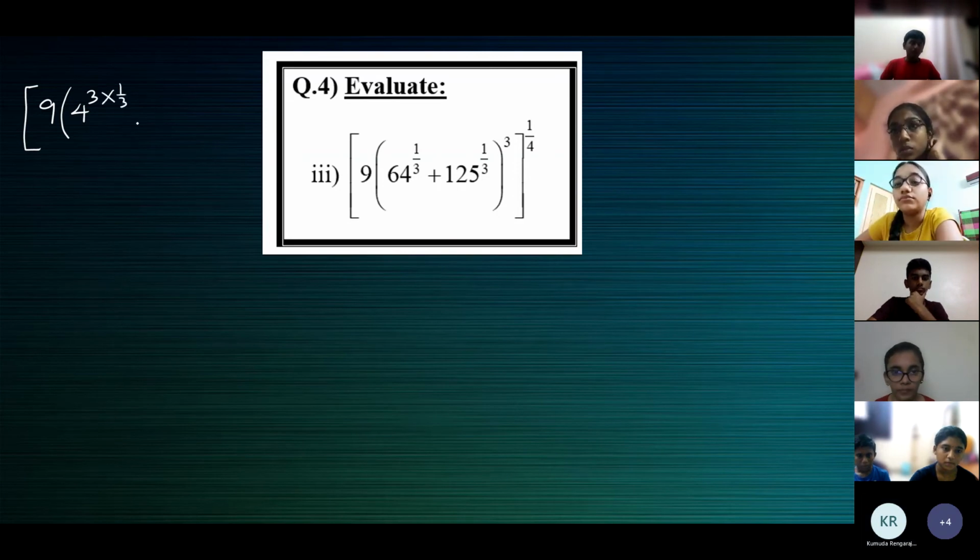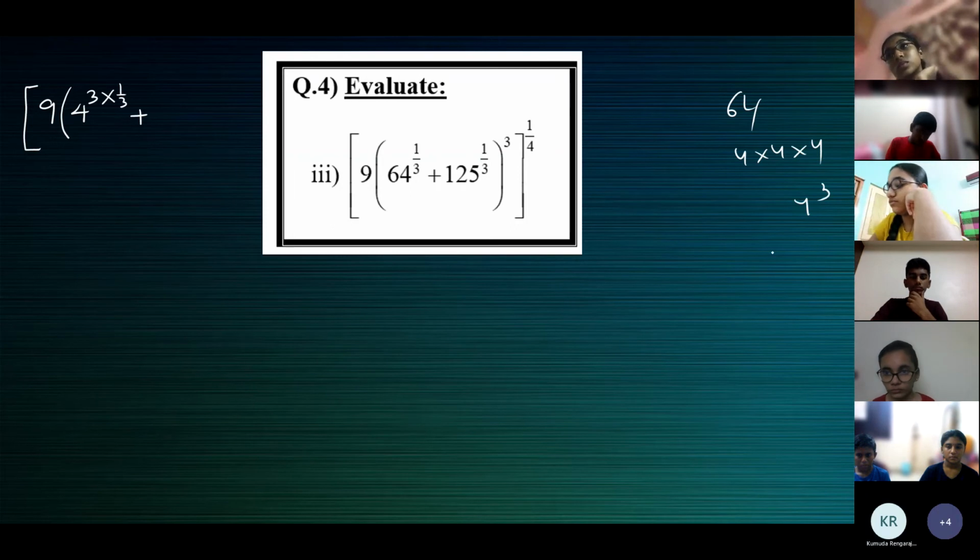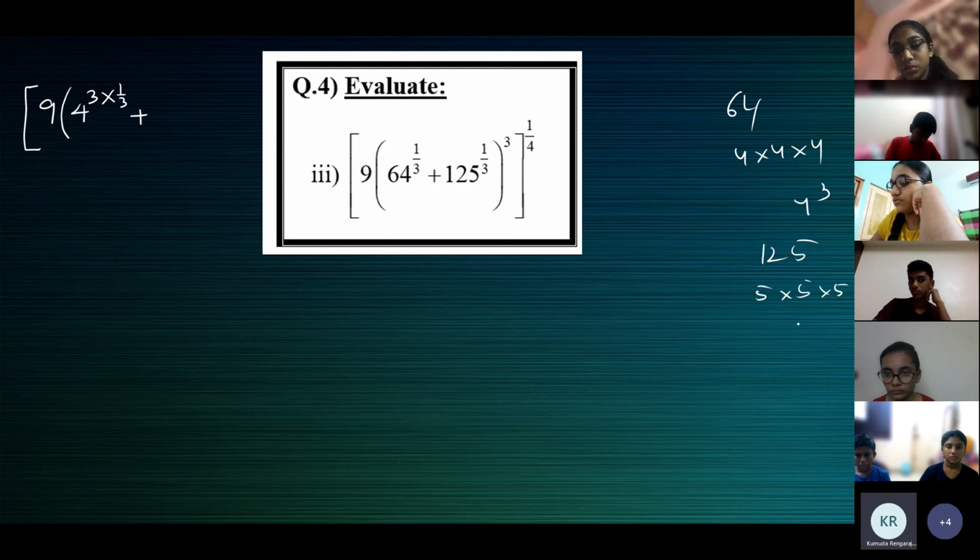Plus, what is 125? 5 to the power 3. See, children, 64 is 4 into 4 into 4, so 4 cubed. And 125 is 5 into 5 into 5, so 5 cubed.